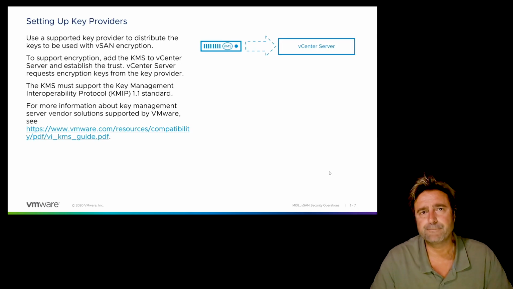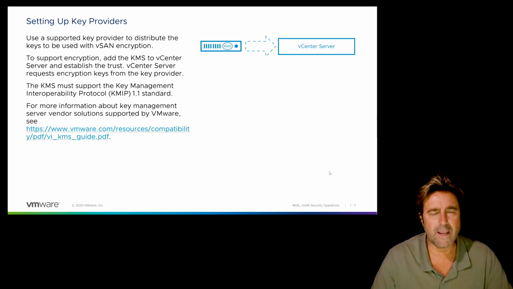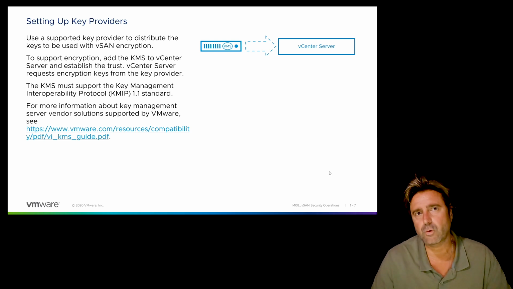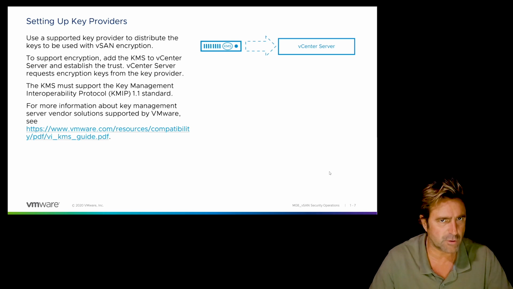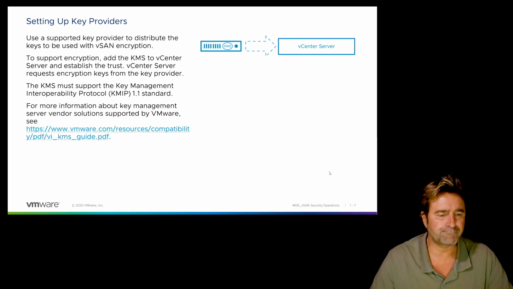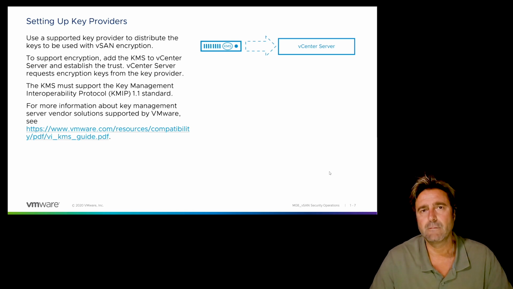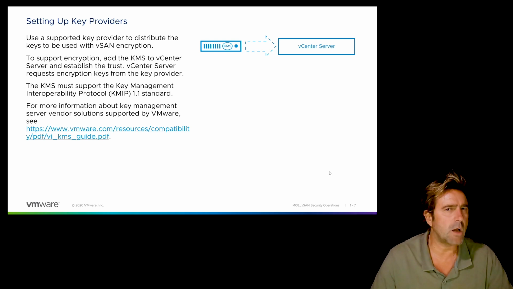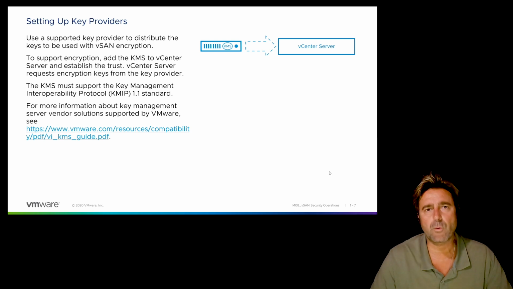When you take a look, I've already mentioned that you need to get a KMS server if you want to enable data at rest encryption. If you look at the VMware hardware compatibility guide, you will notice that there's a lot of different KMS servers that we support. They need to be running KMIP version 1.1.